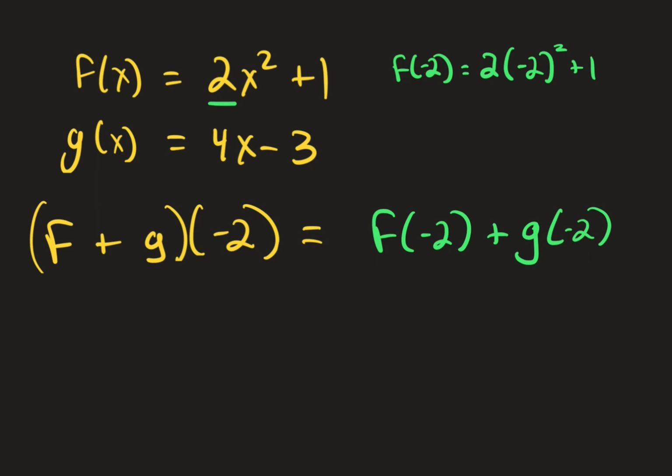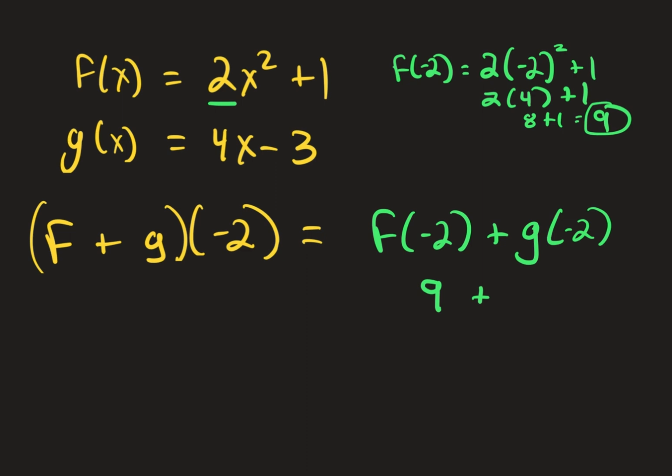Order of operations says you have to square -2 first. Parentheses, exponents. So -2 squared is 4. So this is going to be 2 times 4 plus 1. The common error is to take 2 times -2, get -4, and then square that. Nuh-uh. Follow order of operations. 2 times 4 is 8. 8 plus 1 is 9. So f of -2 is 9.